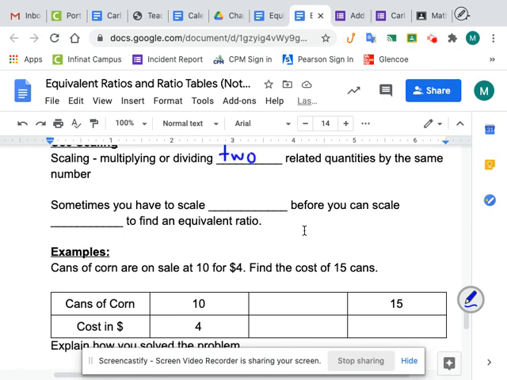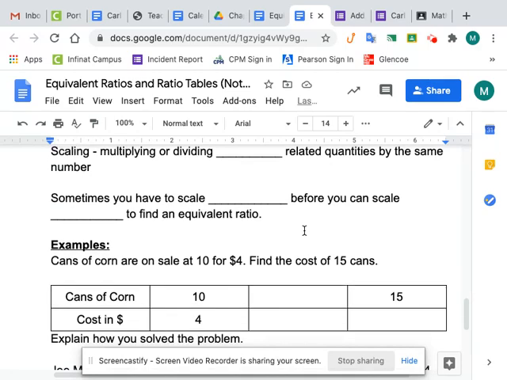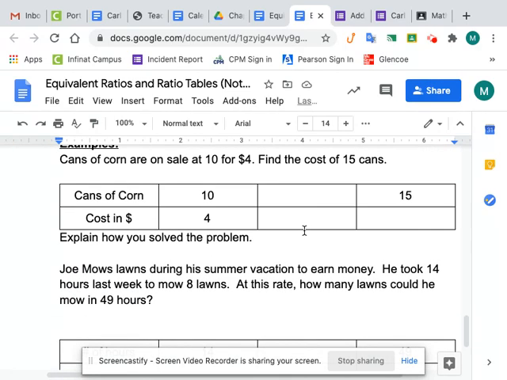In these next examples, sometimes you have to scale back before you scale forward, meaning you might end up dividing, but then multiplying. That would be the only way you'd be able to find your equivalent ratio.